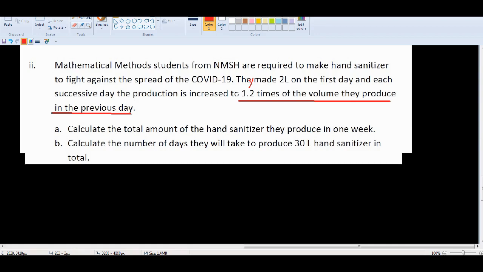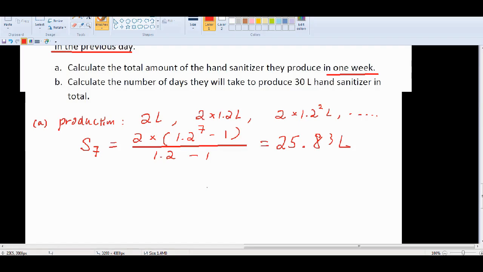Okay, so this question is quite similar to the previous one, so I might give you some time to try. Okay, so here's the result. You see, this one's still a geometric sequence. We got 2 L as the first term, then 2 times 1.2 L because they increased their production by 1.2 times each day, right?